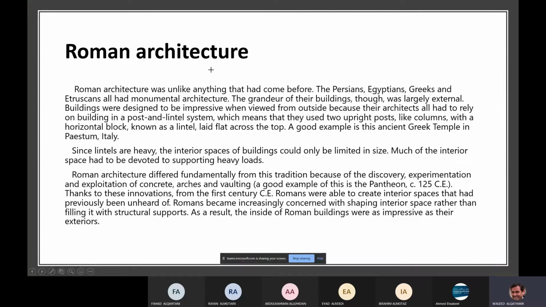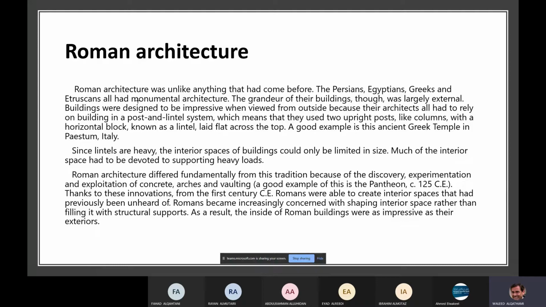The Roman Empire. Roman architecture was unlike anything that had come before. The Persians, Egyptians, Greeks, and Etruscans all had monumental architecture. The grandeur of their buildings, though, was largely external.